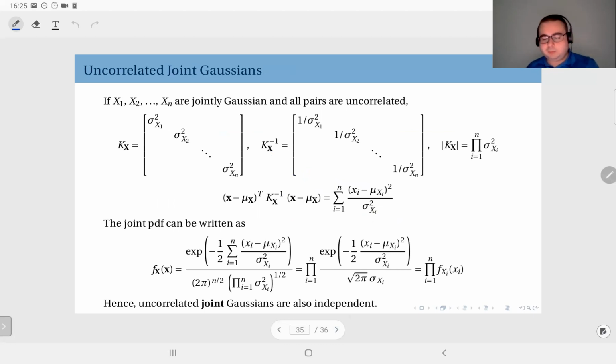Finally, we will talk about uncorrelated joint Gaussians. Let's say you have a set of jointly Gaussian random variables, x1 through xn, and we assume all pairs are uncorrelated. That means all covariances are zero. Therefore, the covariance matrix is diagonal, and on the diagonal you see the variances.